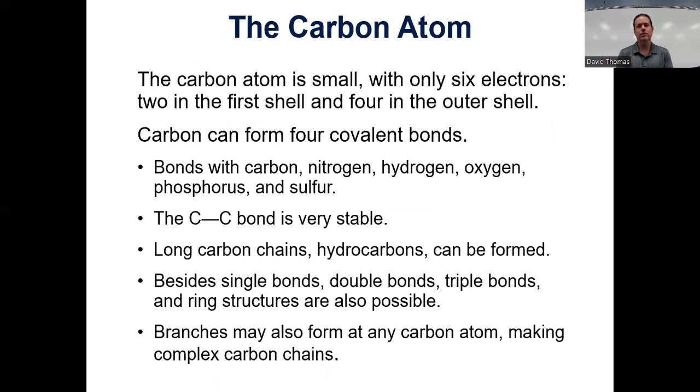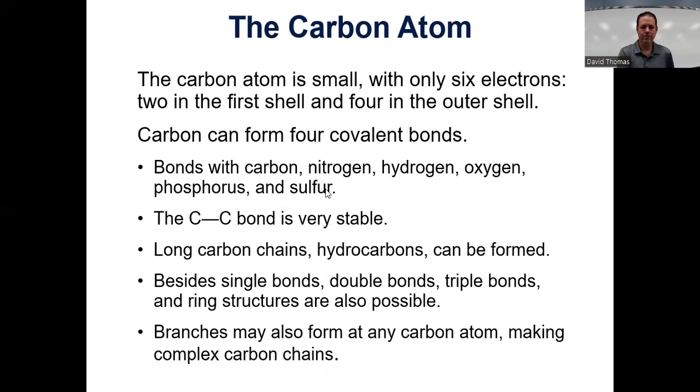If it's neutral, it will have 6 neutrons, and so it has a mass of 12. Also, it will form covalent bonds relatively easily. It can form up to 4 covalent bonds, with all of the elements commonly found in living things, which we mentioned briefly in the last chapter: carbon, nitrogen, hydrogen, oxygen, phosphorus.